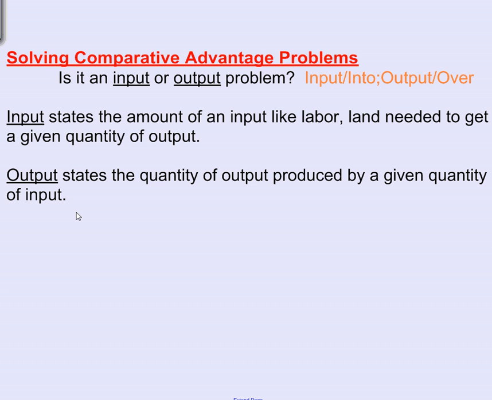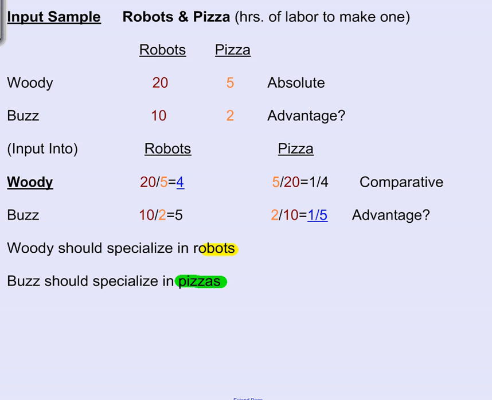An output problem, on the other hand, the quantities or the numbers in the question are representing how much output you get from a certain quantity of the input. So it might be the number of wagons you can produce in one day, the number of wagons that you can produce in 1 hour. So that's how we're going to diagnose whether it's an input or output problem.